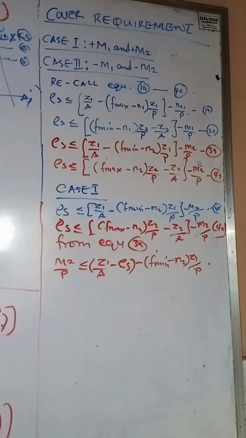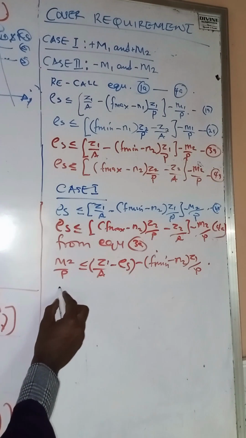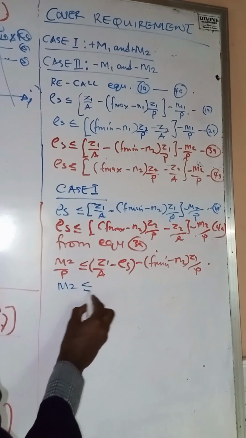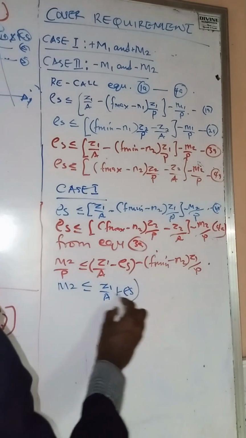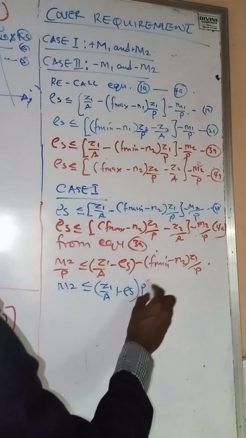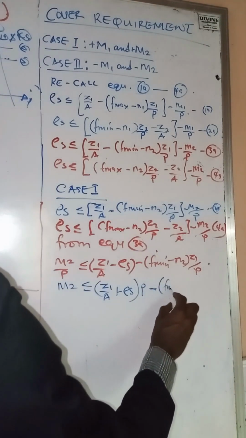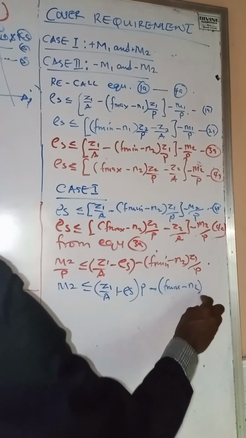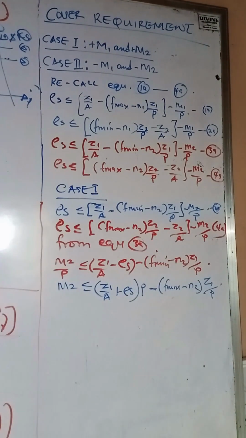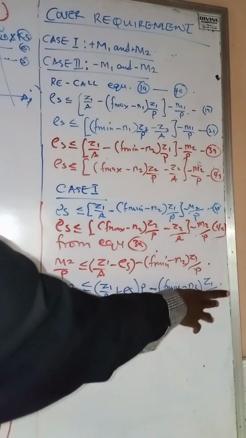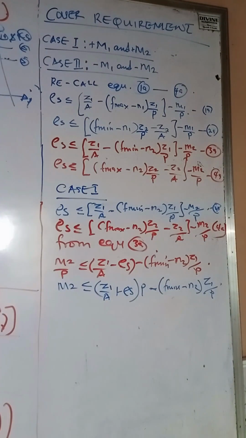Now we can look for M2, which becomes less than Z1 over A plus e_s bracket P, minus F minimum minus N2, Z1 over P. Comparing this with the equation of a straight line, this becomes our slope, while this becomes our intercept at the y-axis.